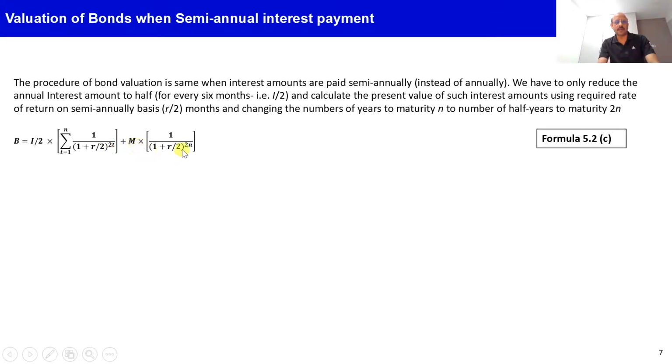The maturity amount will also be discounted with R divided by 2 and raised to the power 2n instead of single n.